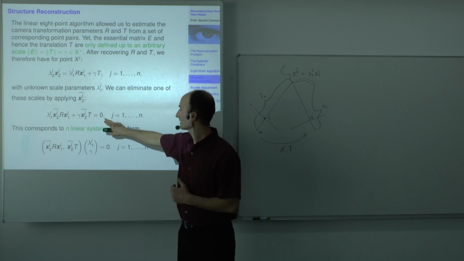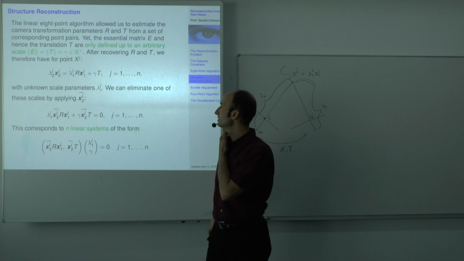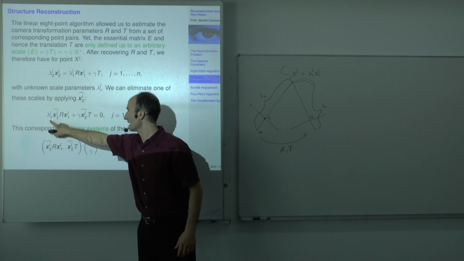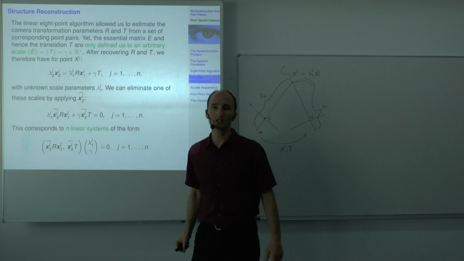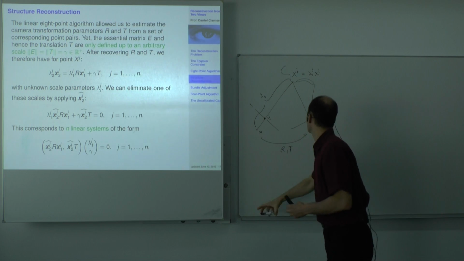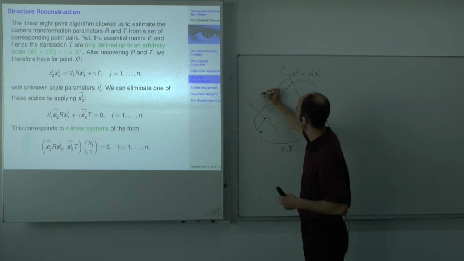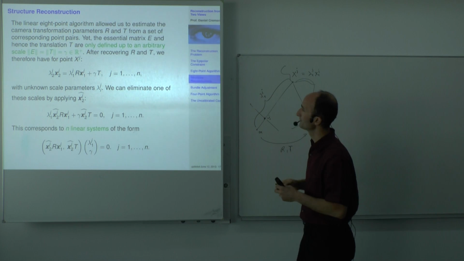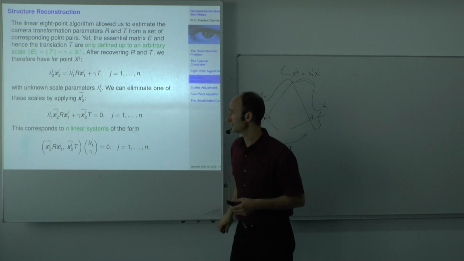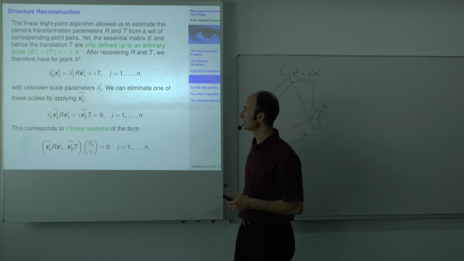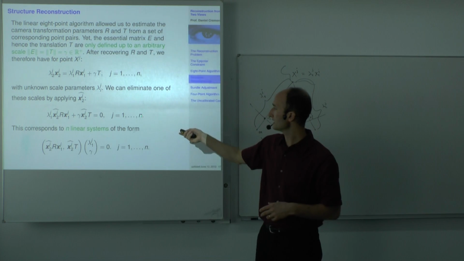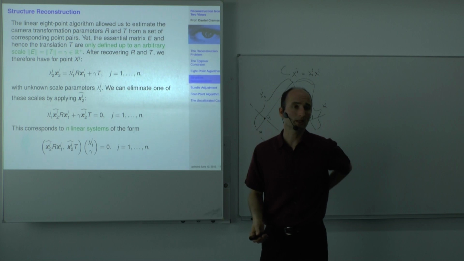And so now we have a constraint that is a linear equation in lambda 1j, the depth of point j with respect to the first camera, this one here. So for point j, this is lambda 1j. And the scale parameter gamma. All the other parameters are known, and so this is nothing but a linear system. And we have n such linear systems, one for each point that we observe.